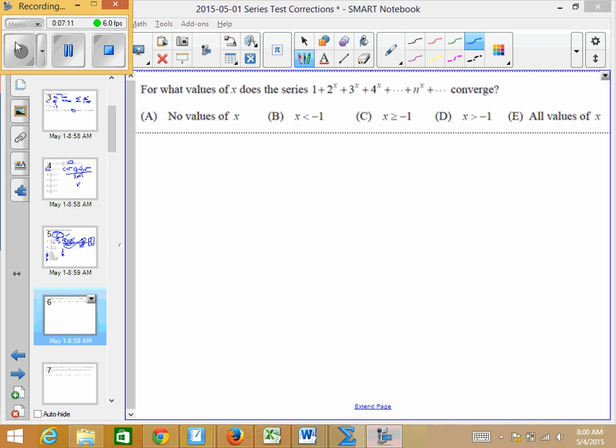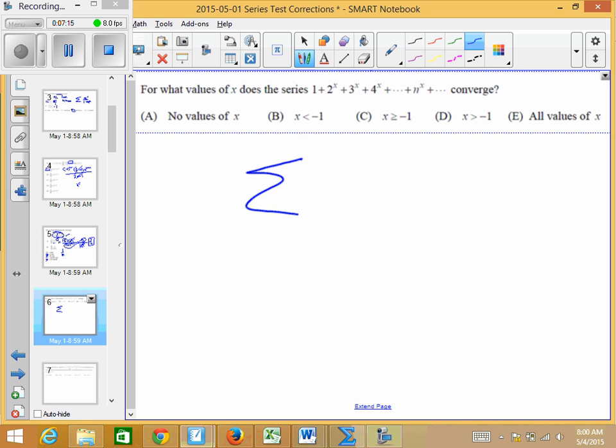I thought this one was kind of hard. For what values of x does this series converge? It's probably helpful if you write it out. The way I thought about this is, instead of saying what x was, try x equal to 0.